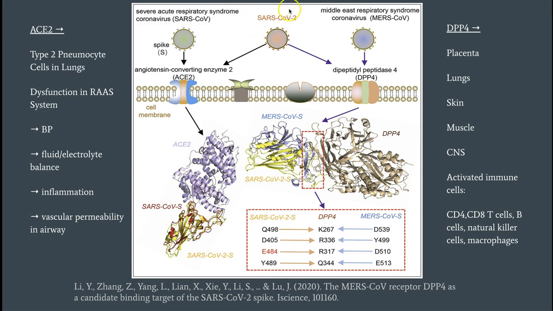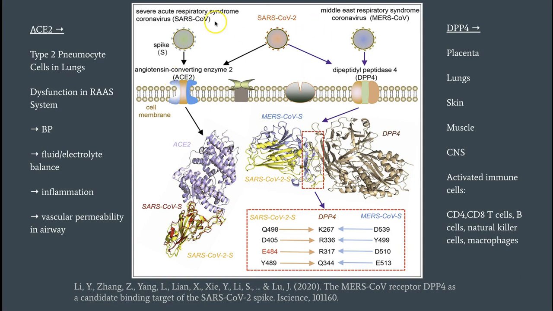So the current COVID-19 is actually much more similar to ACE2 in terms of its mechanism of action rather than the DPP4. And then ACE2 will ultimately result in things like acute lung injury, adverse myocardial remodeling, vasoconstriction, along with impacting the vascular permeability.